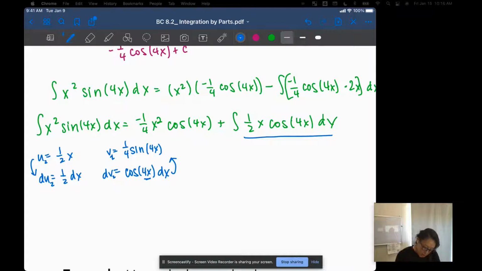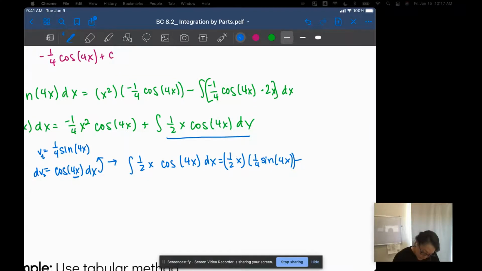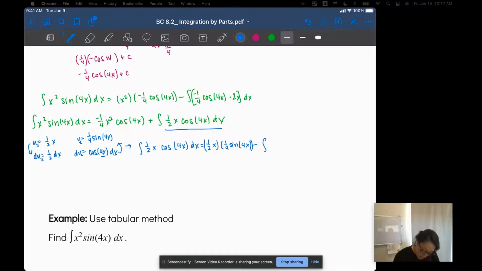So the integral of 1/2 x times the cosine of 4x dx is equal to u times v, 1/2 x times 1/4 sine of 4x, minus the integral of v, which is 1/4 sine of 4x, times du, which is 1/2 dx.